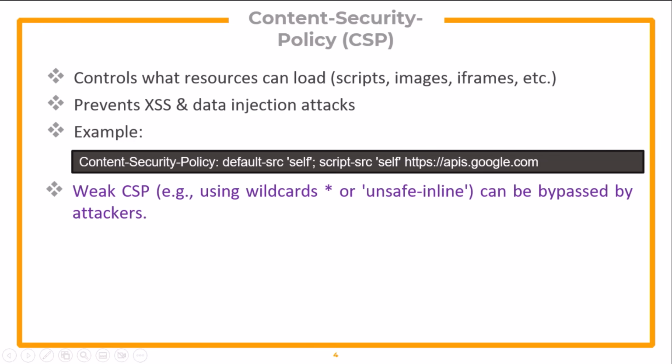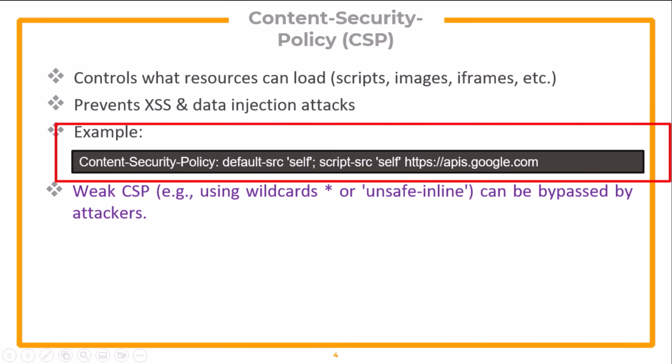First up, Content Security Policy, or CSP. This is a big one. It gives the website fine-grained control over what resources the browser is allowed to load. This includes scripts, images, iframes, fonts, you name it. Its primary job is to prevent cross-site scripting and other data injection attacks. If an attacker manages to inject a malicious script onto a page, a strong CSP will block the browser from executing it.